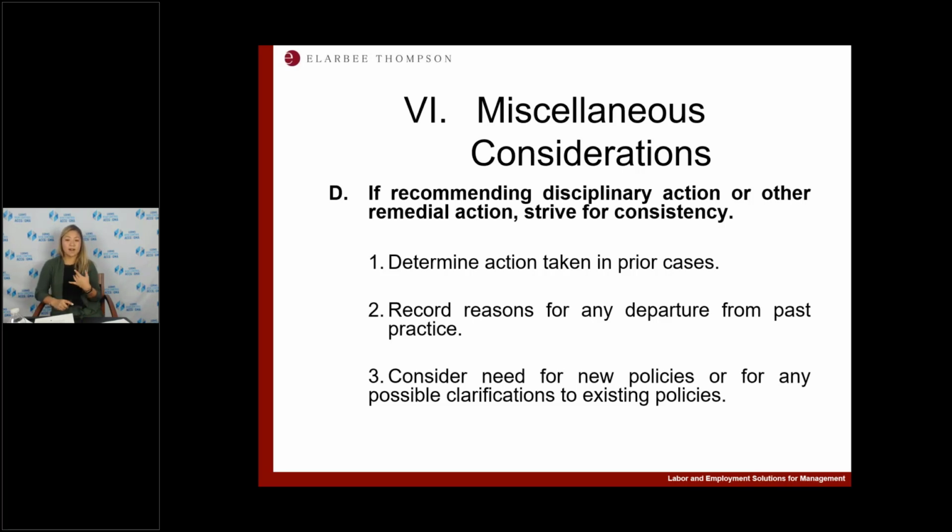So if in a prior case someone sent inappropriate sexual memes to an employee and they were terminated, that should be what you do if it happens again with a different person, versus, oh well, in this case we'll just give them a verbal warning. You need to be consistent.